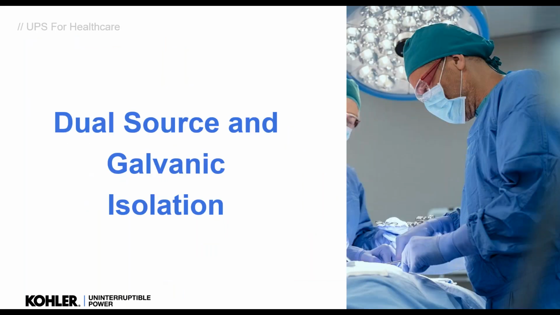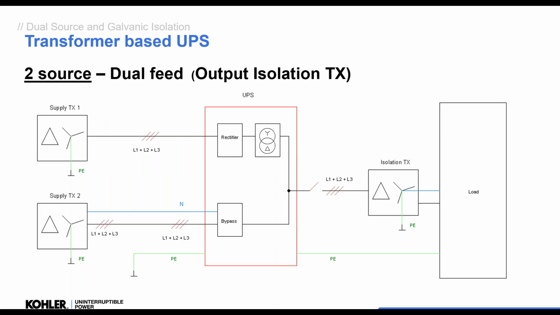Now, we've seen there's 2 different types of use for isolation transformer, for dual source and for output galvanic isolation. So if we need to do both, what we would be looking at is on a transformer-based UPS, we have the supply from 2 different transformers. We have a rectifier using 3 wire, bypass using 4 wire. However, we need to galvanic isolate the output, so we add a transformer in there. Okay, just using 3 wire in.